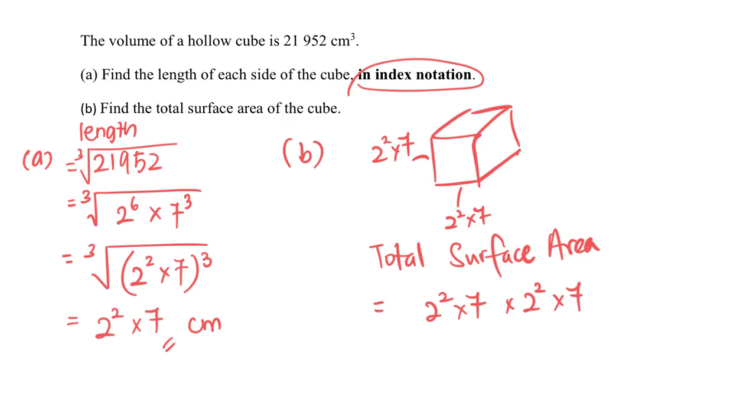That's one area. But how many sides? How many faces are there? 6 faces, so I times by 6. And that will give me 4,704 cm squared.